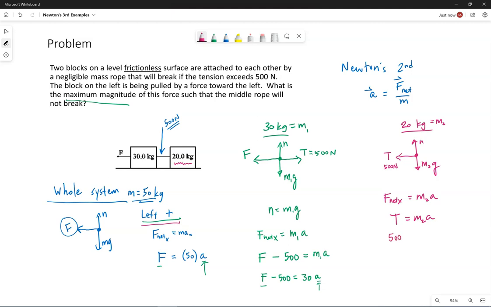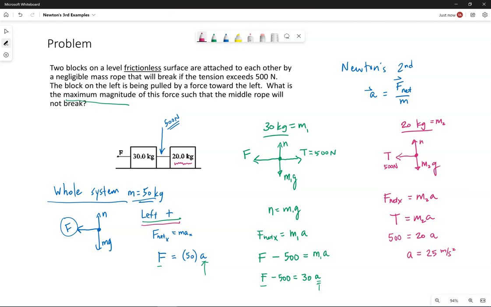We know the maximum tension is 500, which is we're assuming the maximum tension to find the maximum pulling force. The mass is 20 kilograms. So this particular box, we can solve for the acceleration right off the bat. The acceleration of these boxes would be 25 meters per second squared.